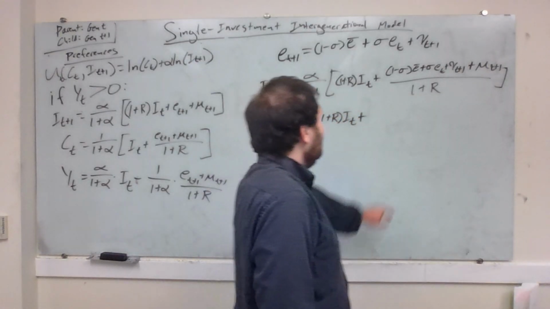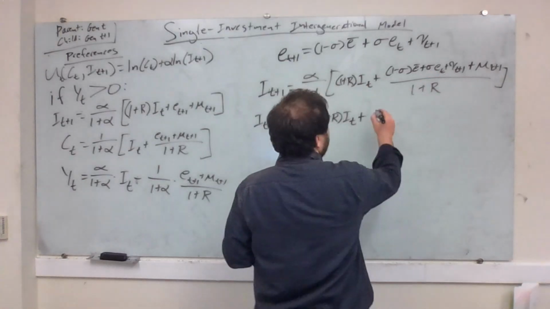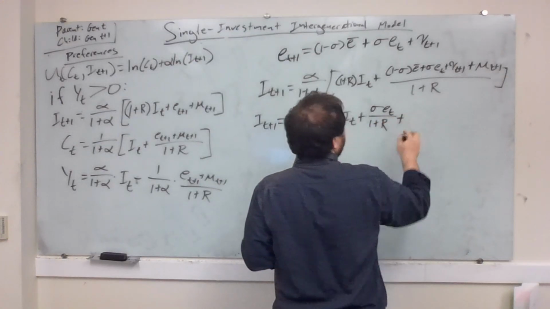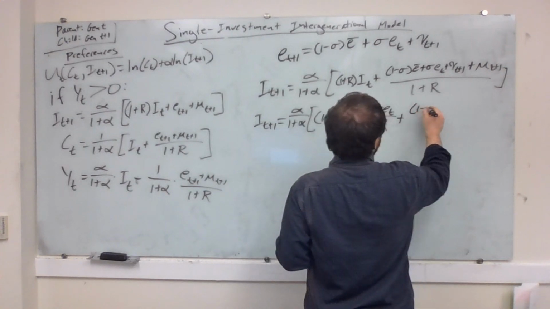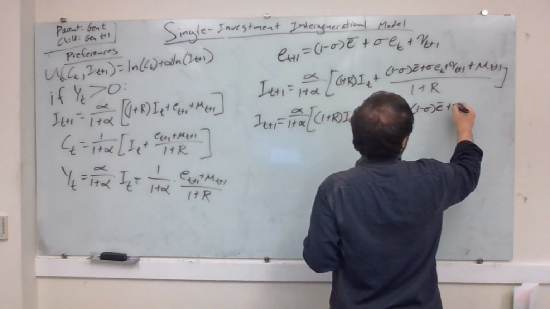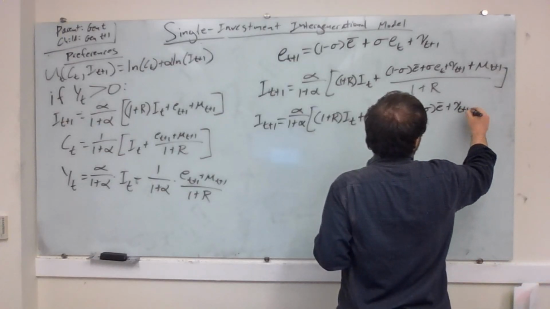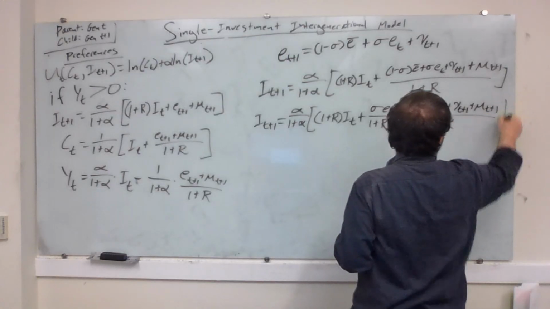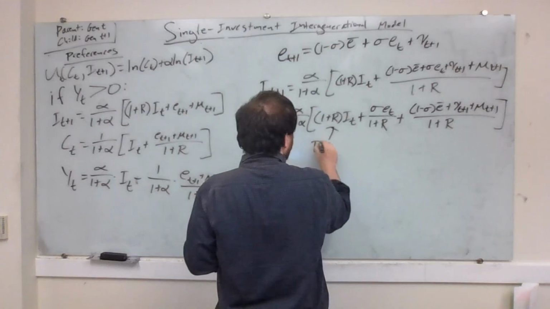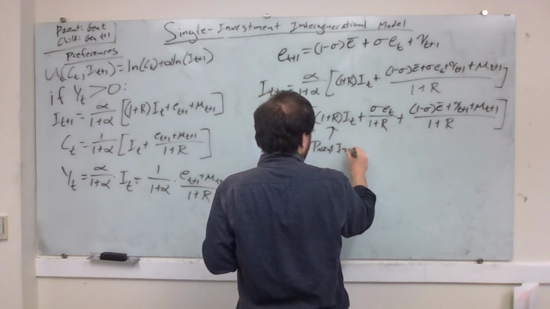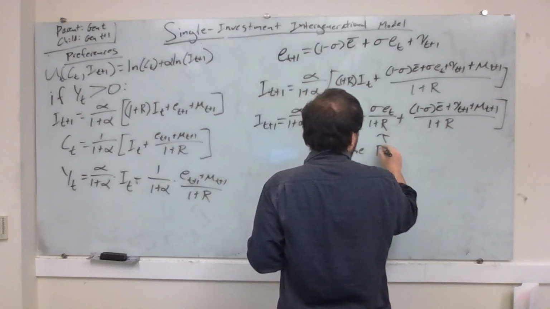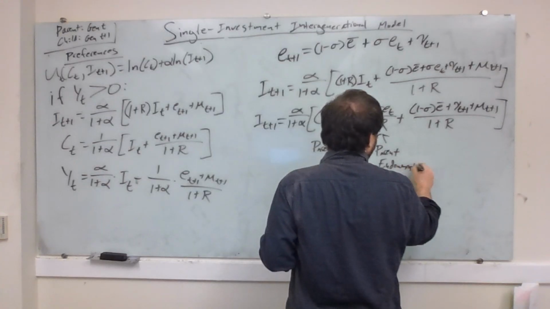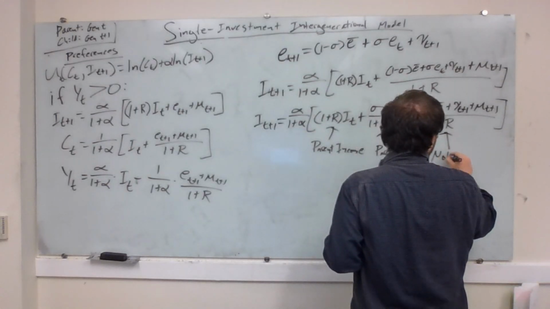It's going to be a function of inherited advantages from your parents, sigma E_t over 1 plus r. And it's going to be a function of your random idiosyncratic luck, stuff that you don't get from your parents at all. So this is parent income, parent endowment, and not related to parents.